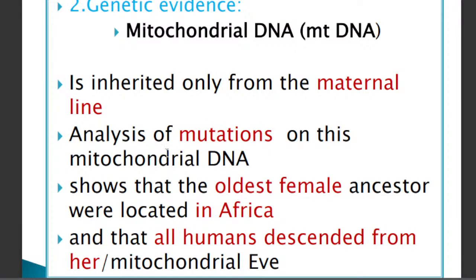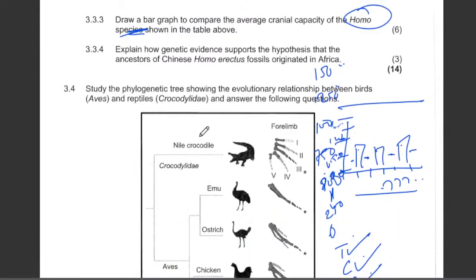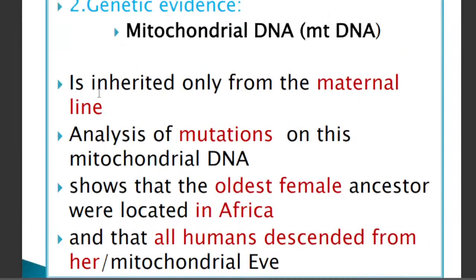Yes, I was explaining the mitochondrial DNA. If you look at this question, check how it says explain how genetic evidence supports the hypothesis that the ancestor of the Chinese Homo erectus fossil originated in Africa. So here you are showing this mitochondrial genetic evidence, and we have mitochondrial DNA. It is inherited only from the what?